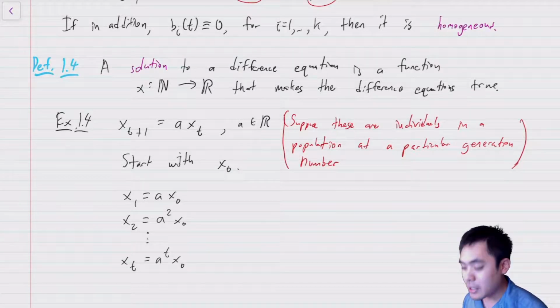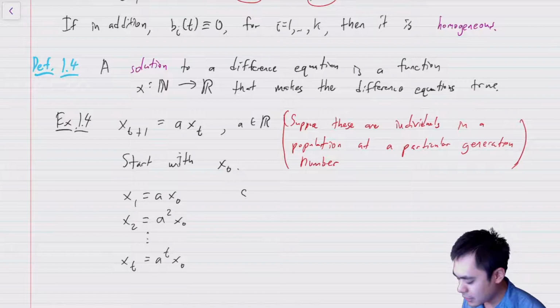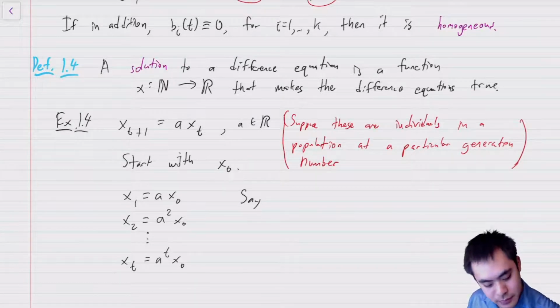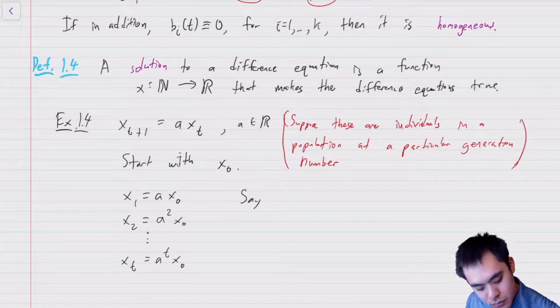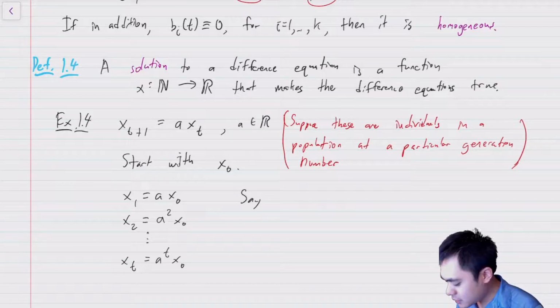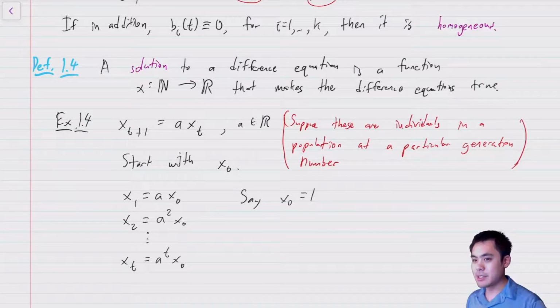And so, of course, x naught could be arbitrary, but let's say that x naught is equal to 1, just to make life easy.